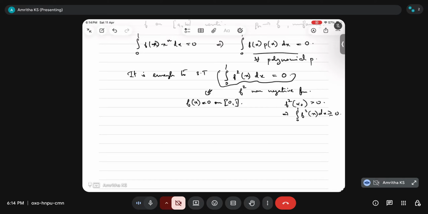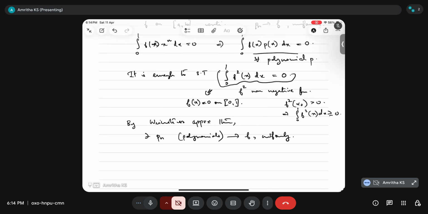By the Weierstrass approximation theorem, there exist some polynomials Pn that converge to f uniformly, right?